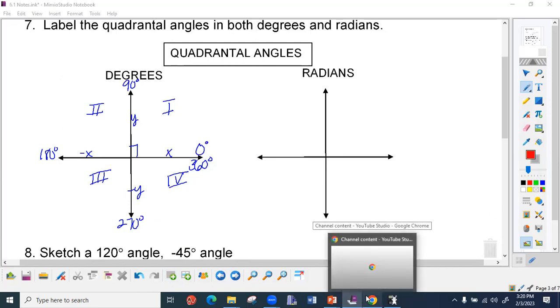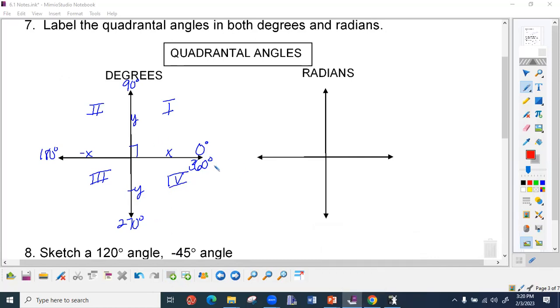All right, now we're going to go clockwise. When we're going clockwise, those are going to be their negative values, right? So clockwise, instead of this being 360, this is 0 degrees. Instead of this being 270, it is negative 90 degrees. Instead of this being positive 180, it's now negative 180.